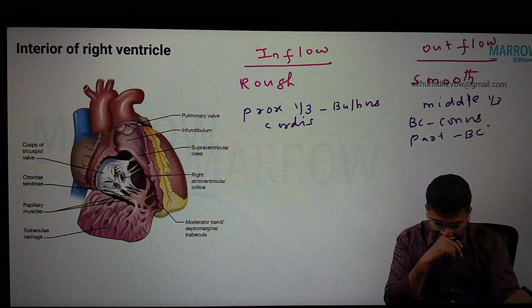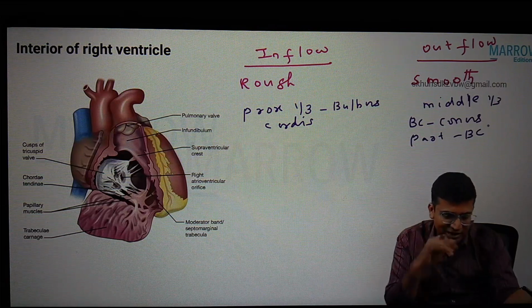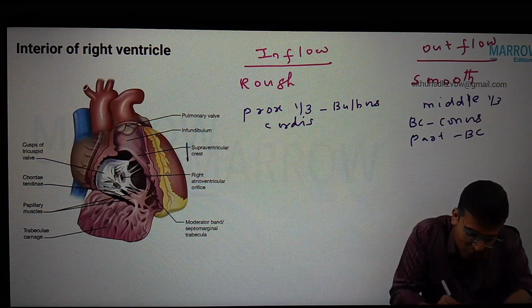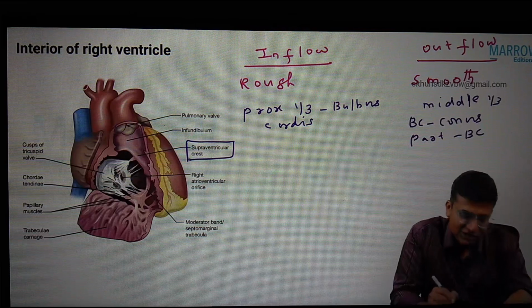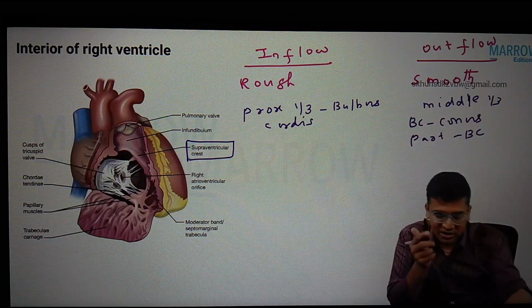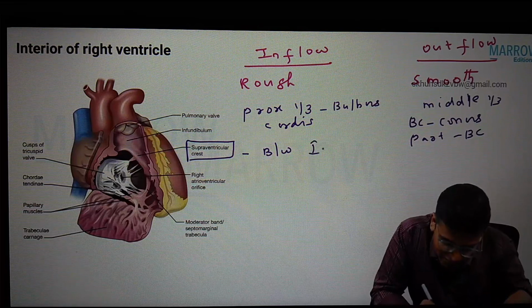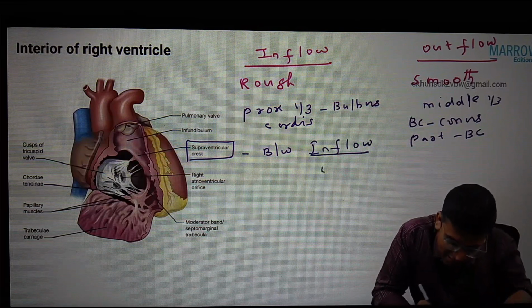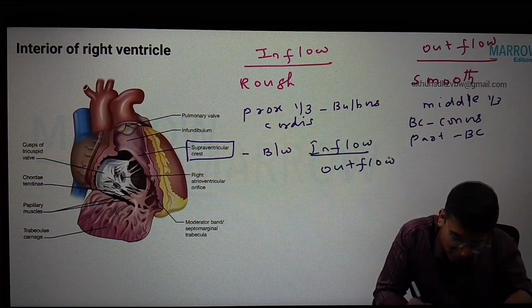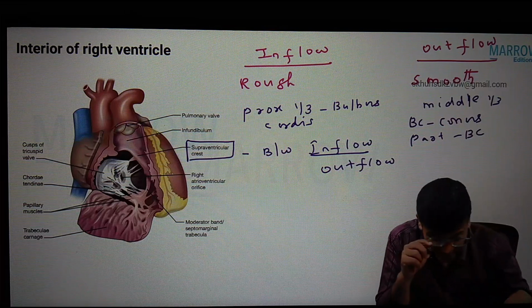Now, between the inflow part and the outflow part, we see one linear elevation that is called the supraventricular crest. The supraventricular crest is the linear elevation present between the inflow part and the outflow part.